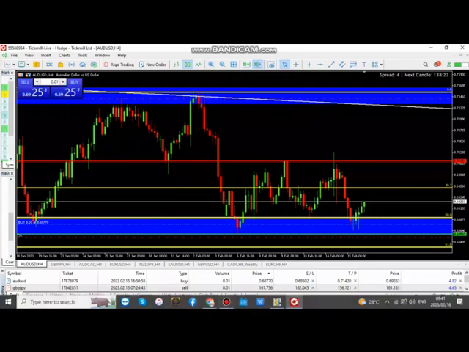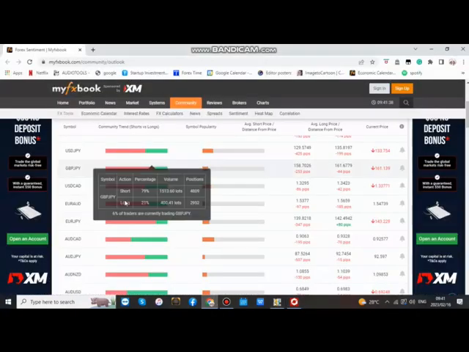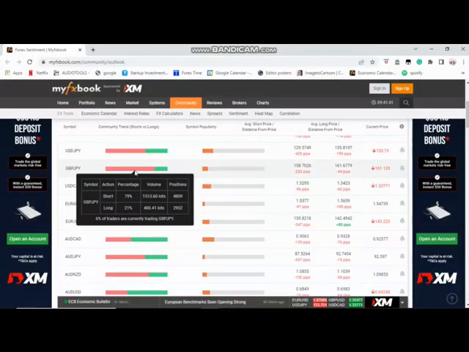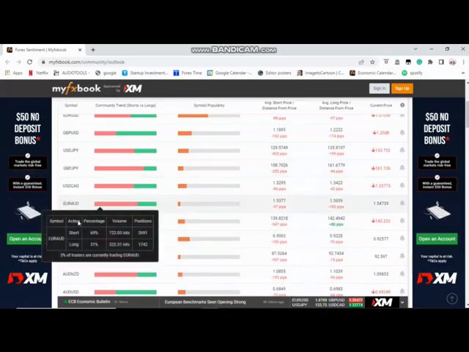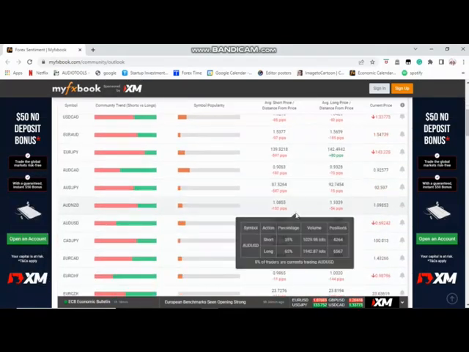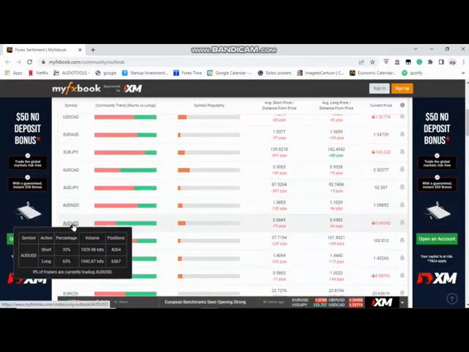I went to my sentiment, Aussie USD, that's what I'm looking for. Let's see what traders are doing. Sentiment tells you what traders are doing on that currency pair. There it is, Aussie USD.